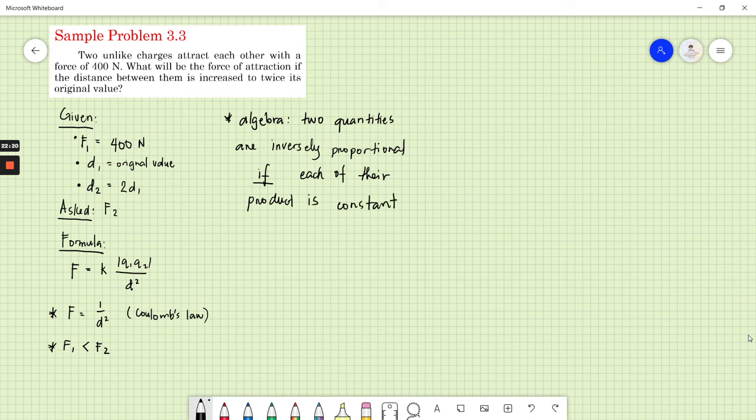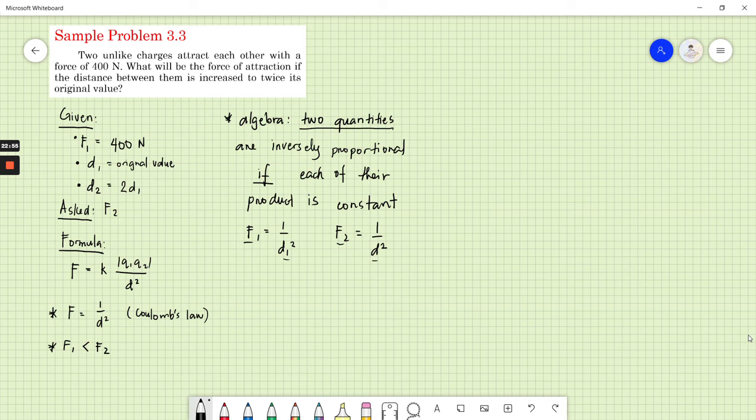Since we are looking for F1 and F2, we know that F1 is equal to 1 over d1 squared, and F2 is equal to 1 over d2 squared. These two quantities are inversely proportional if their product is constant.